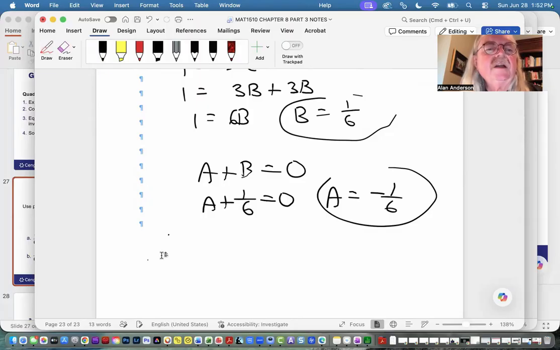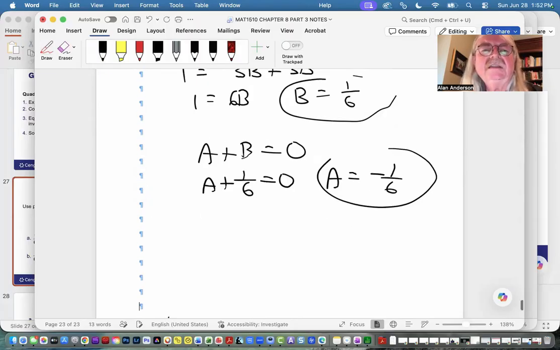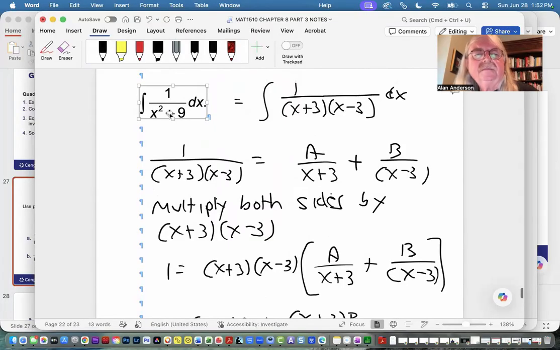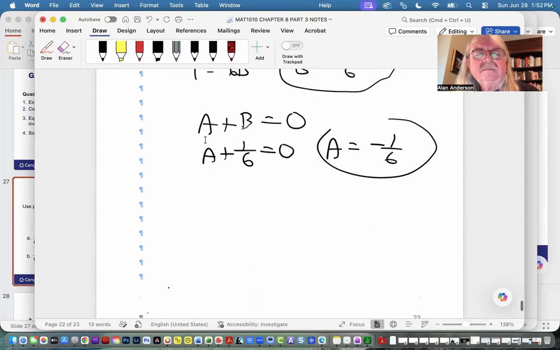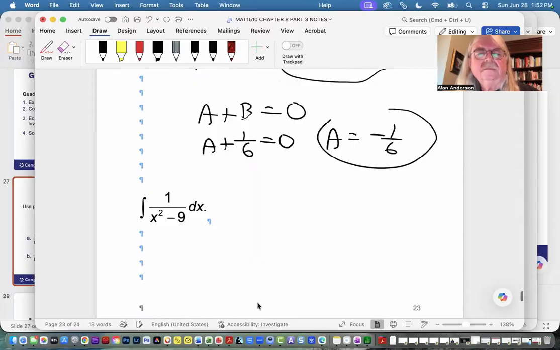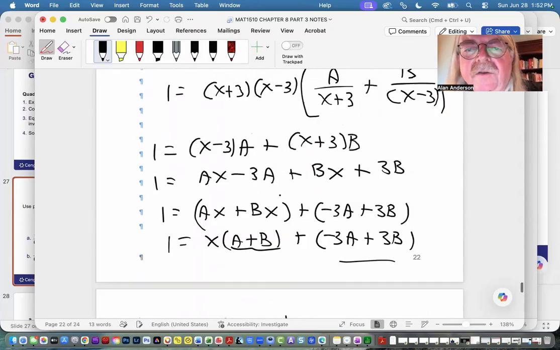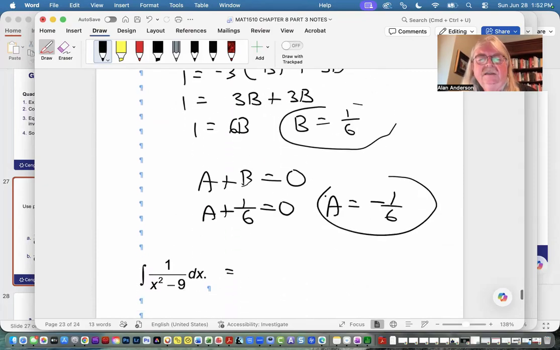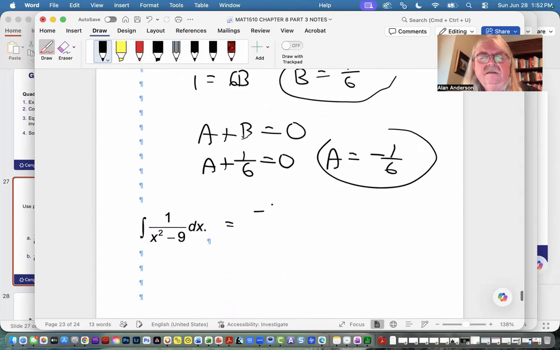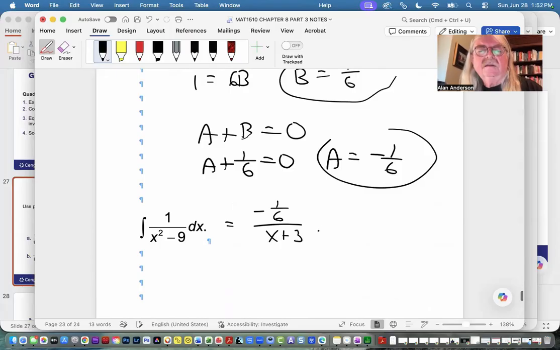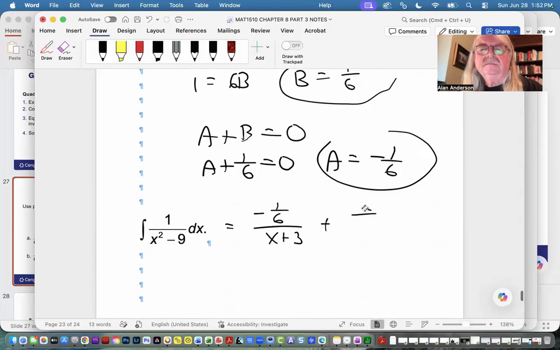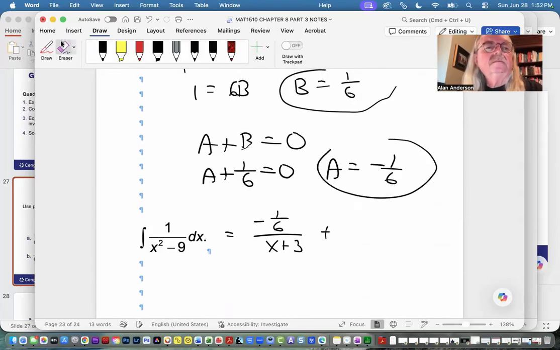All right, so now we can go back and rewrite the original integral as, so we had A over x plus 3 plus 1/6 over x minus 3.